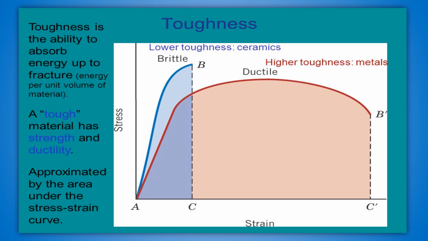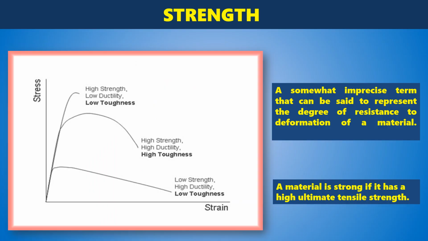When we ask which material is stronger, we are actually looking at the ultimate tensile strength of the material. If the material has a higher ultimate tensile strength when compared to another material, it is said to be stronger, which is a bit naive. So now we have different curves and we would like to compare them.